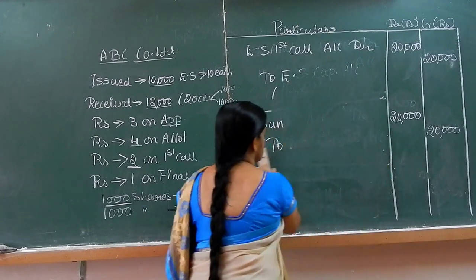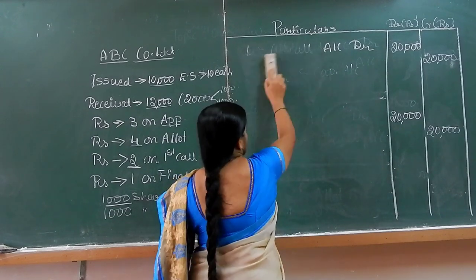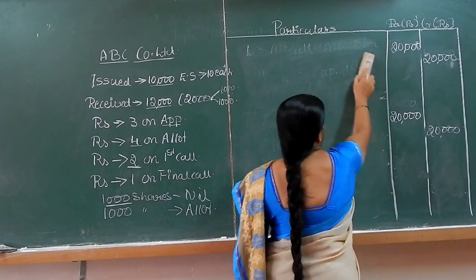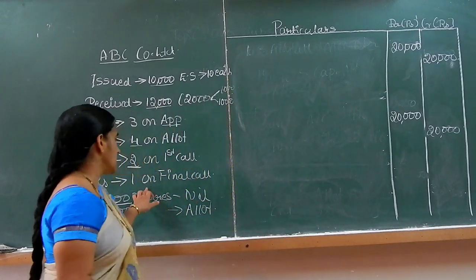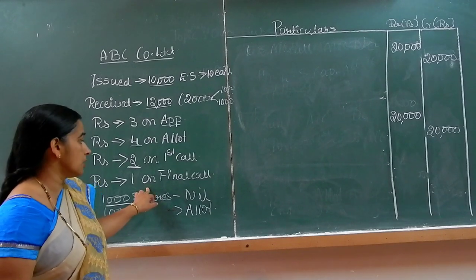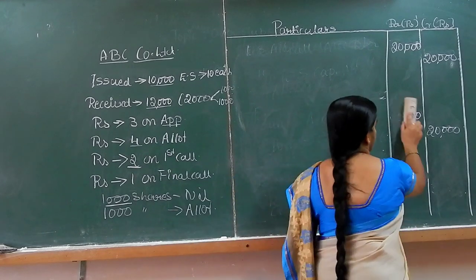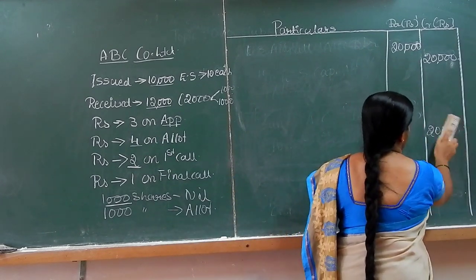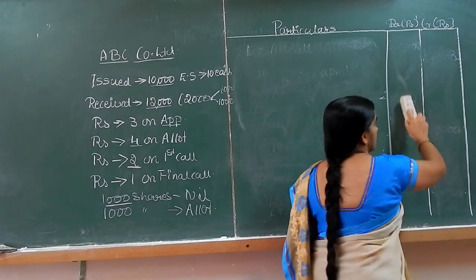So the last two entries now. The last call means it is the final call. When the final call is made, or when the due notice is sent to the shareholders to pay the final call money, we have to make the entry in the books of the company for the amount due now from the shareholders.